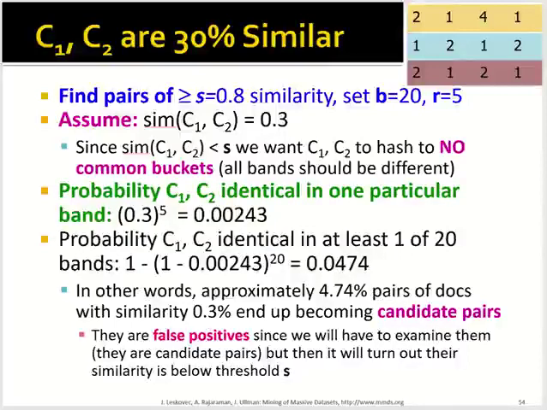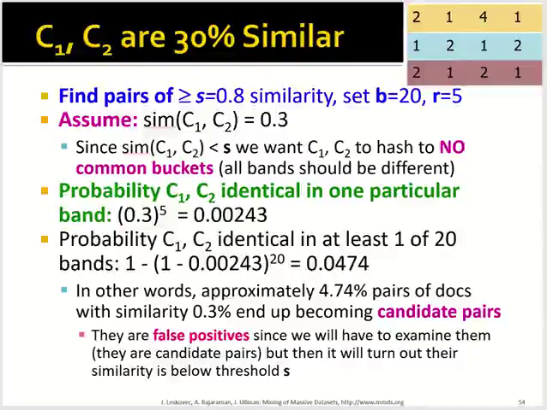In other words, approximately 4.7% of pairs of documents with similarity of 0.3 end up becoming candidate pairs.